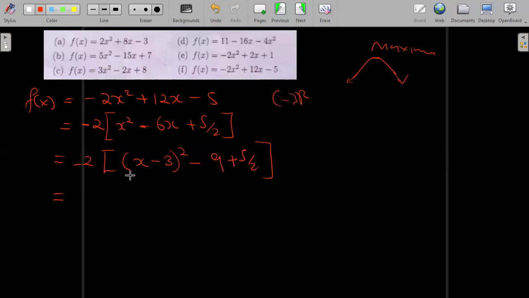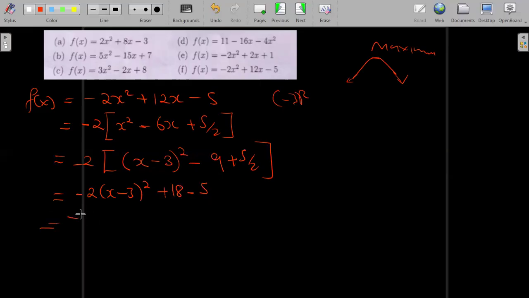Then I can multiply this here. When I multiply negative 2, here we have negative 2 times x minus 3 squared, there to be plus 18, there to just give me a negative 5. That will come like that.